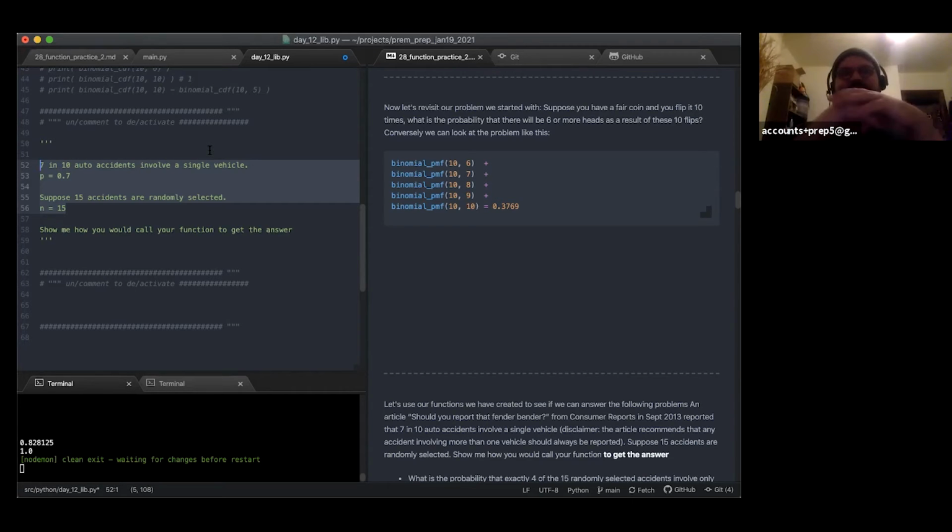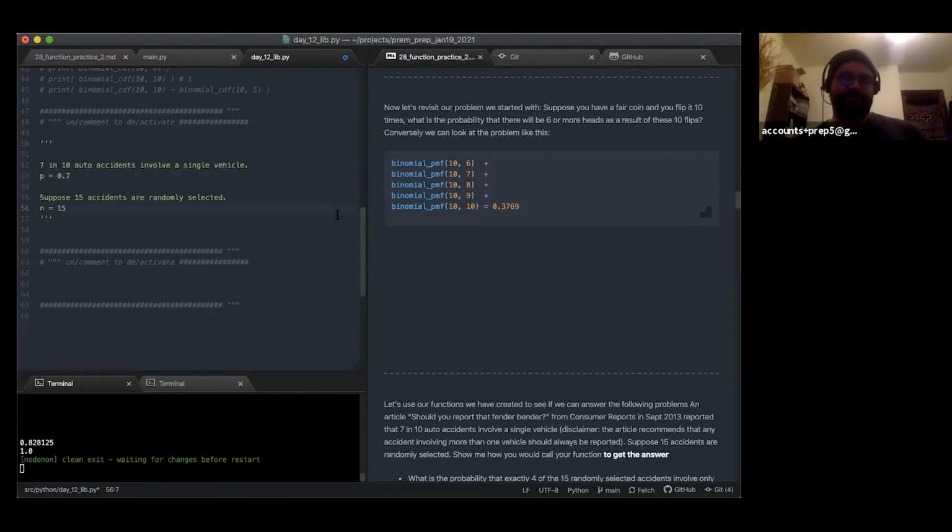And then K is supplied when you're asking specific questions. So P is basically constant, N is kind of a constant, and then K is more variable. At least that's the way I think about it. Okay.